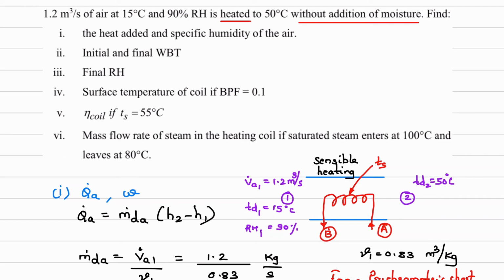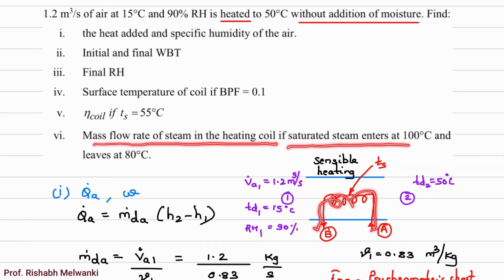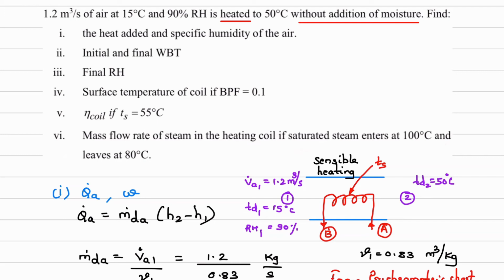What is given here? The mass flow rate of steam in the heating coil. So we have to calculate the mass flow rate of steam to be supplied in this heating coil if saturated steam enters at 100 degrees Celsius and leaves at 80 degrees Celsius. So I'll write down the data: steam is entering at 100 degrees Celsius and that is saturated steam.